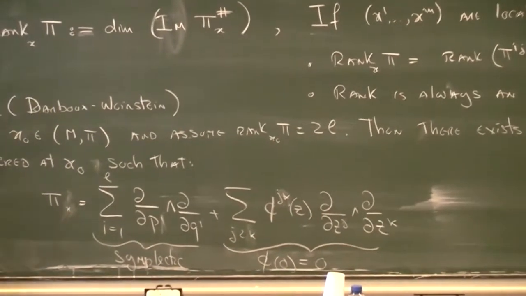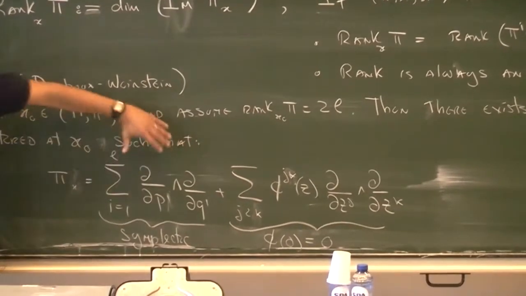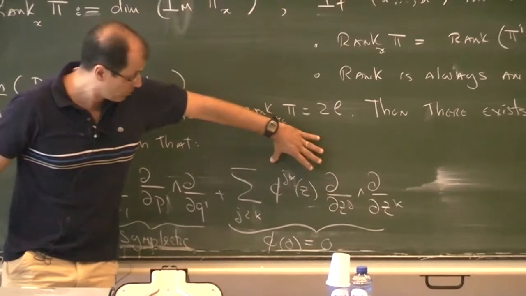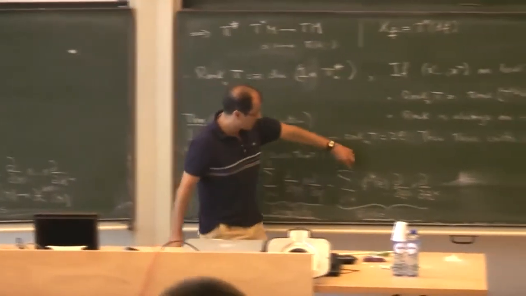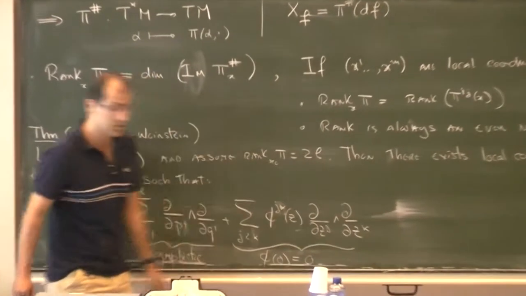Okay? So this is saying that locally every Poisson structure splits as a product of a symplectic one with one which vanishes at the point. And you cannot say much about these functions that appear here. The only thing you know is that these functions at the point 0 are 0.